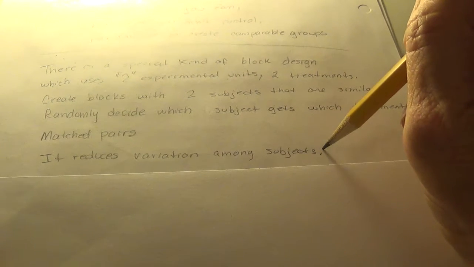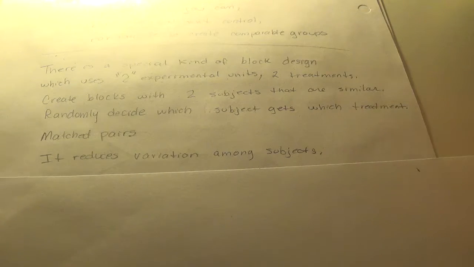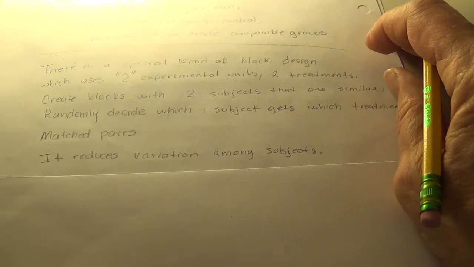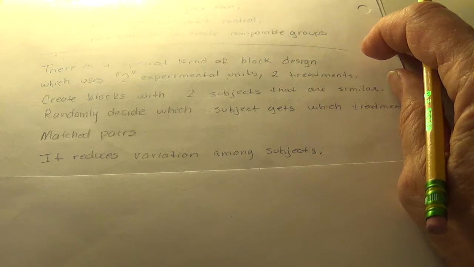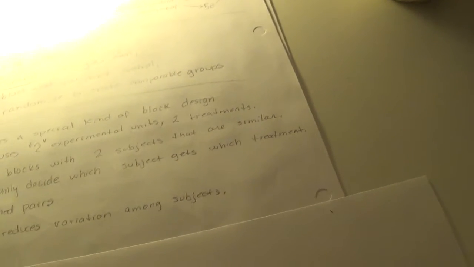If we are testing a product among a whole classroom of people, there's going to be so much variation in the people. But if we test between 2 people, we have limited natural variations that can occur. So matched pairs are often a way to go. We'll look at an example and it'll help you understand it. It reduces variation among the subjects.